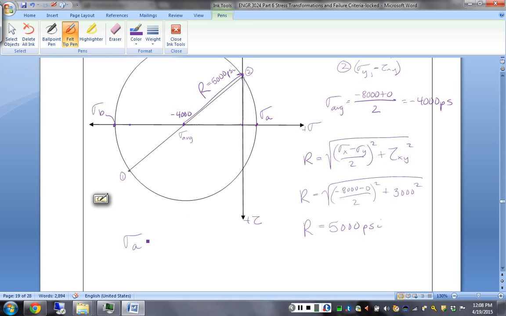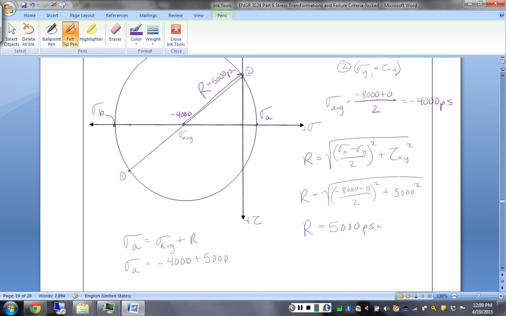So the location of sigma A, the larger principal stress, is the average normal stress plus the radius. So sigma A is minus 4,000 plus 5,000.